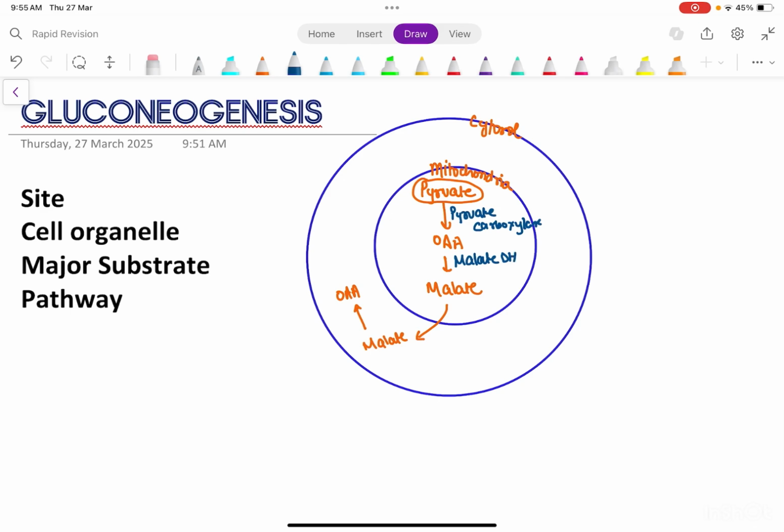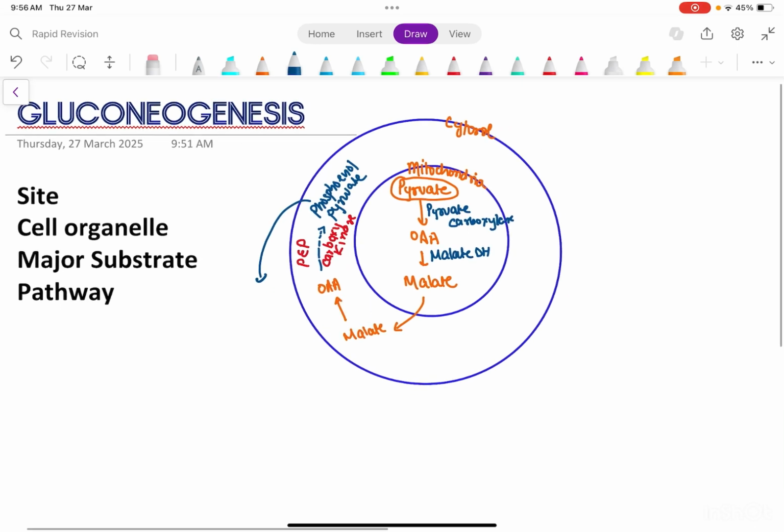Then this oxaloacetate further undergoes reaction and converts into phosphoenol pyruvate. Now the enzyme is important. Now this enzyme that you should know is phosphoenol pyruvate carboxykinase.